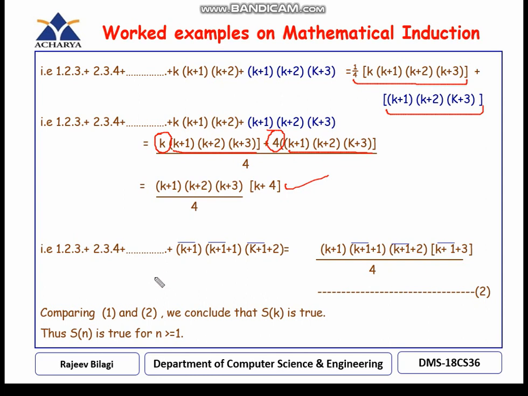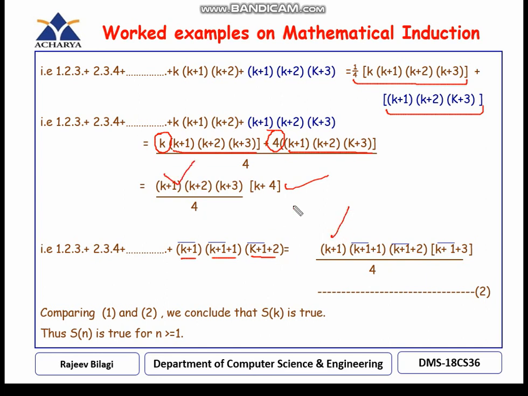So now with this, I can write 1 dot 2 dot 3 plus 2 dot 3 dot 4. So earlier it is k into bracket k plus 1, k plus 2. Now wherever I have k plus 1, I can write k plus 2 as k plus 1 plus 1, k plus 3 as k plus 1 plus 2. So with this, I can write k plus 1.